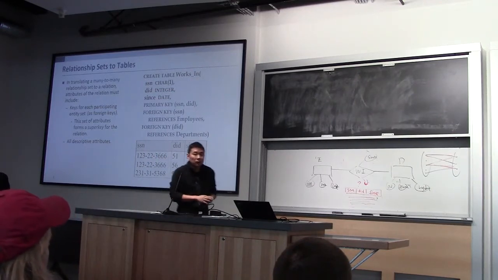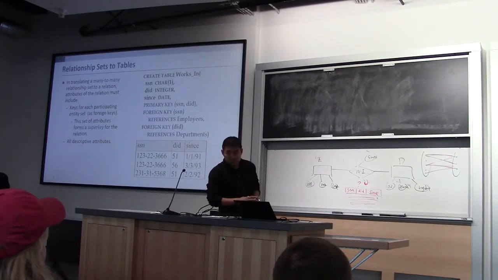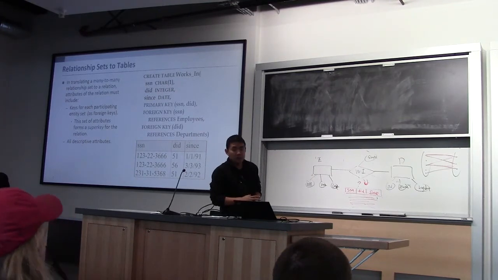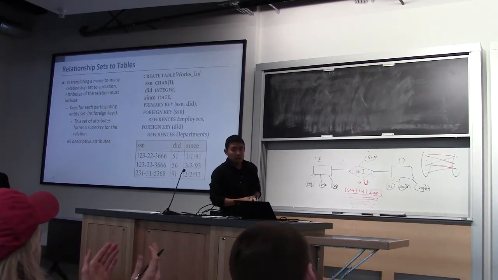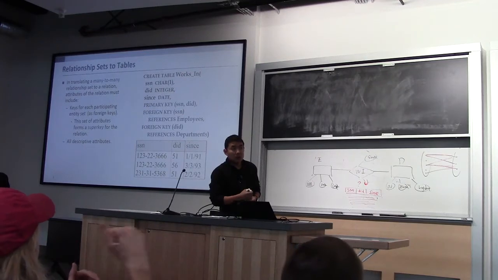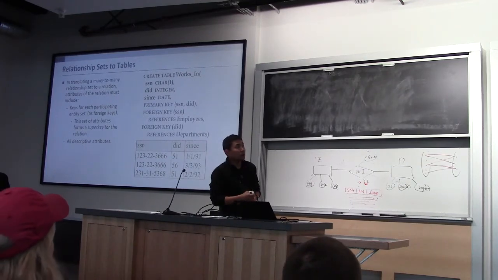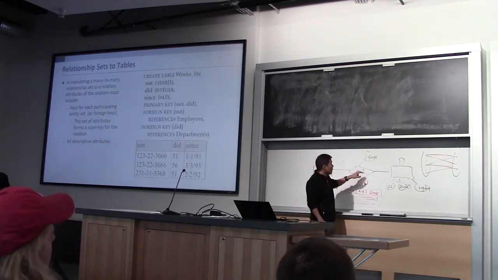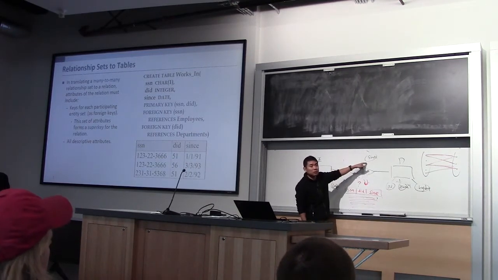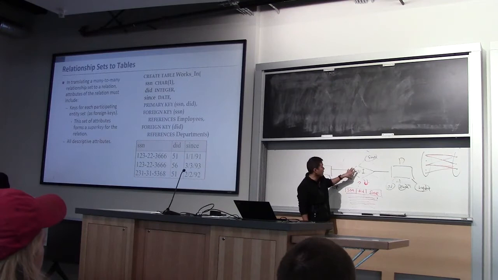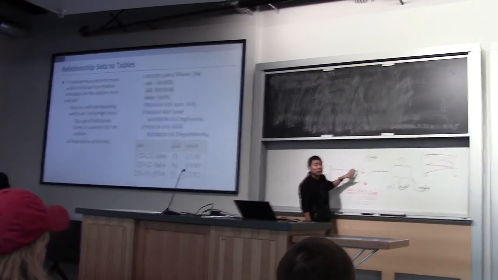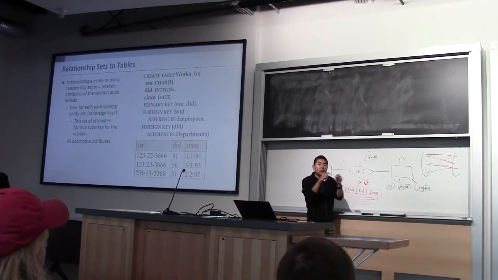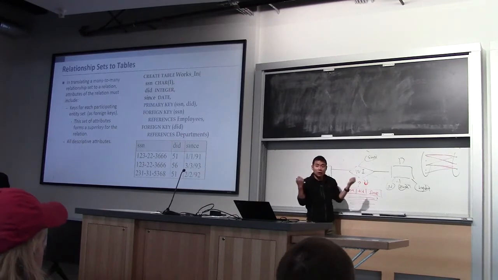In this example, it seems obvious that since is an attribute of the relation. Yes. But looking at the homework, I'm having a hard time distinguishing whether the attribute should be on the relation or on one of the end entities. Well, in this case, it's a very natural choice. Since should be an attribute of the relationship because you are describing a property of that interaction, not the object itself.